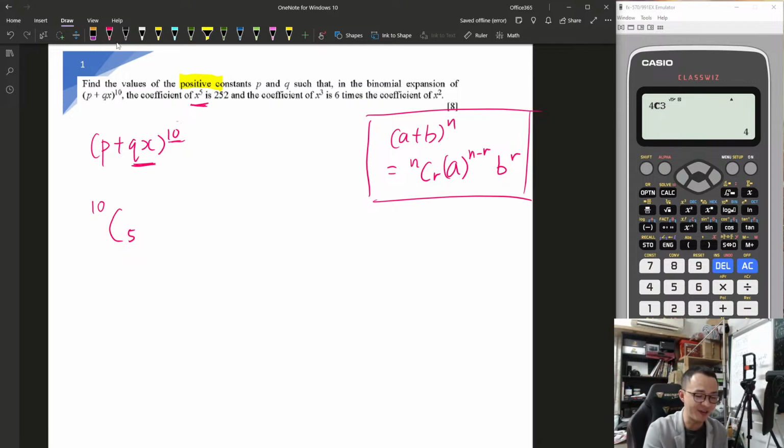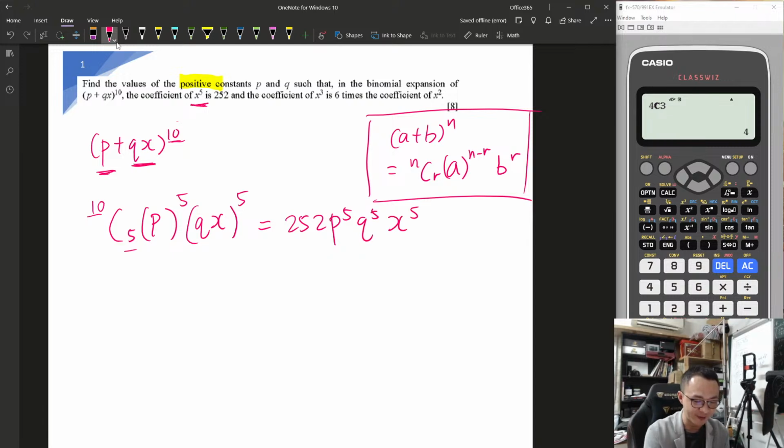So for 10c5 here, my a is p, isn't it? And n minus r is 10 minus 5, this is 5. And then my qx is b, so (qx) power of r, my r is 5. If I expand this one, I should get 252 p power of 5, q power of 5, x power of 5. This is what they call the coefficient of x power of 5, which is the number in front of the x power of 5.